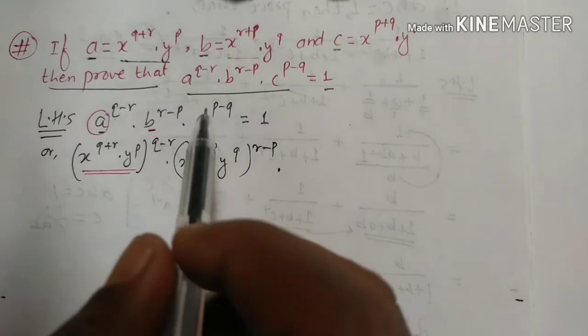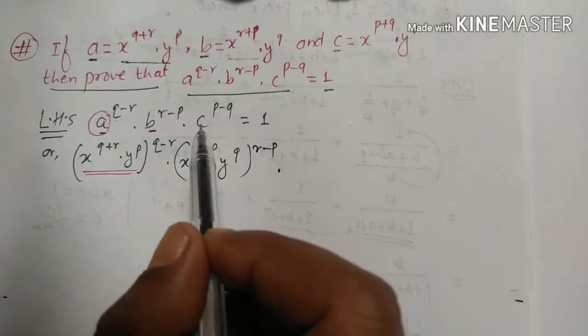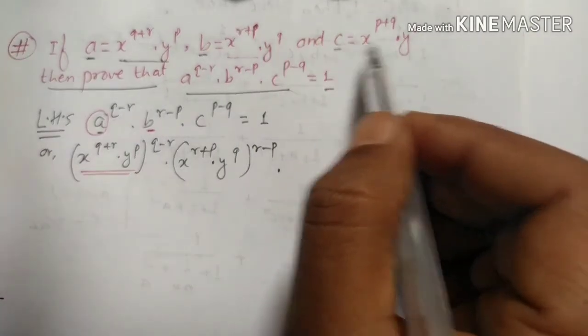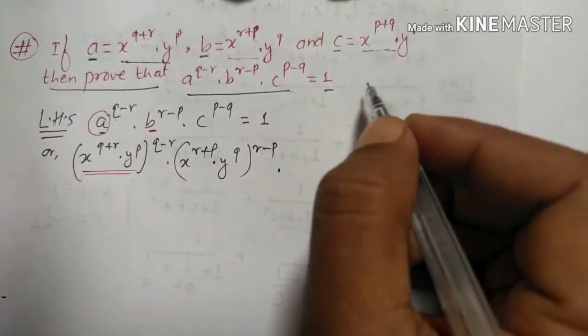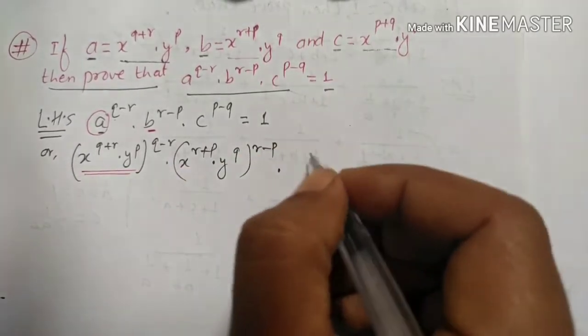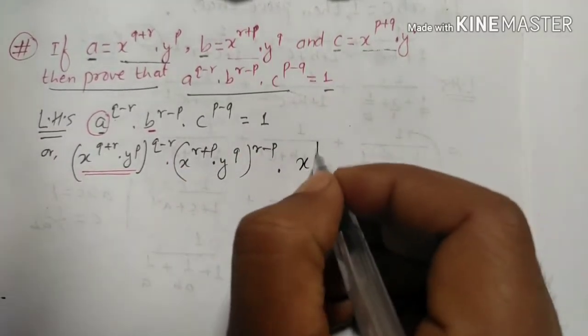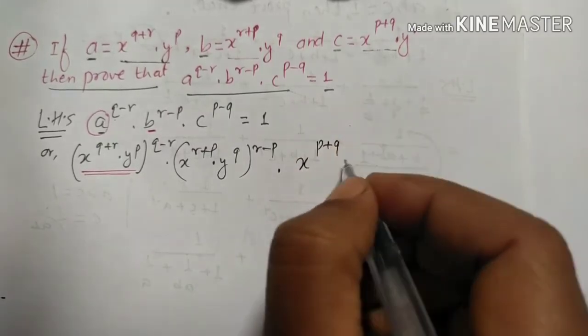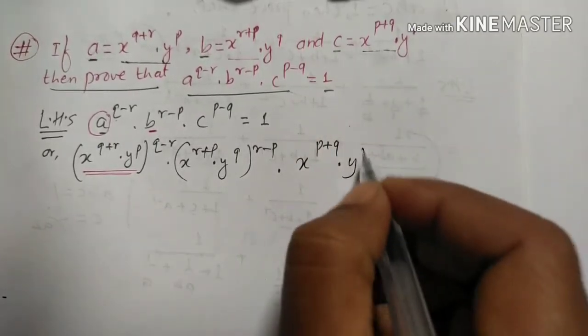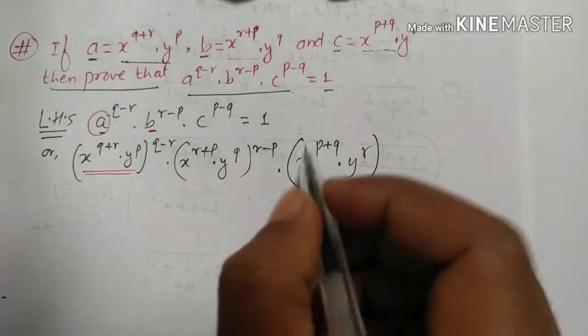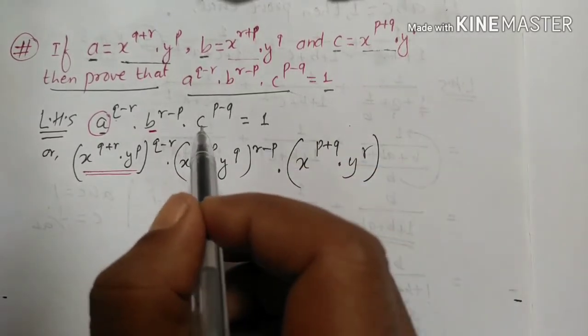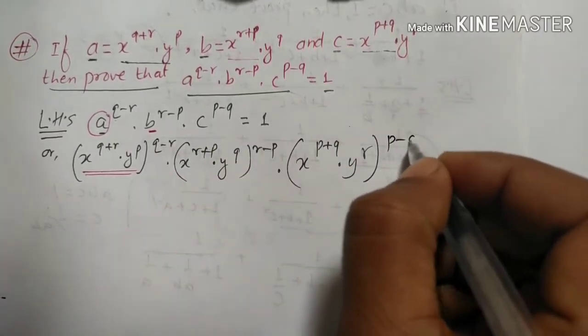In place of c, you can write c is equal to x power p plus q times y power r, and again you can see here in the power of c, here is p minus q.